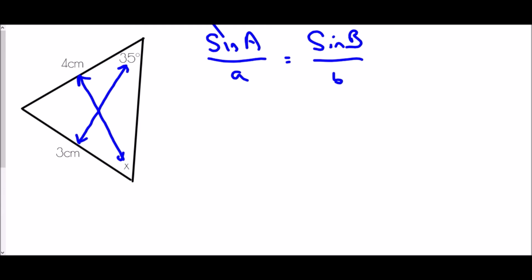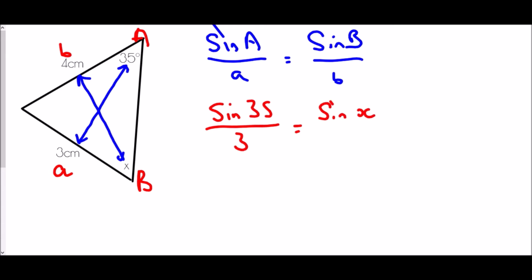And again, we just want to label our diagram, and let's call the angle here capital A, which makes the 3 centimetres little a, and we'll call X capital B, and so the 4 centimetres is little b. And we can just fill in all of this information. So sine 35 over 3 equals sine X over 4.